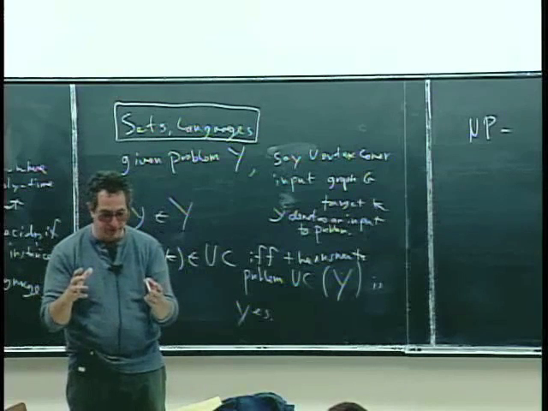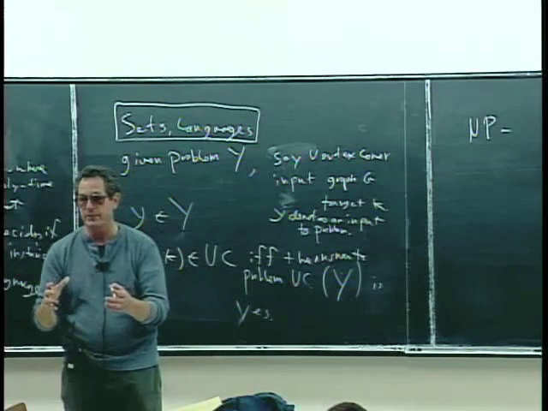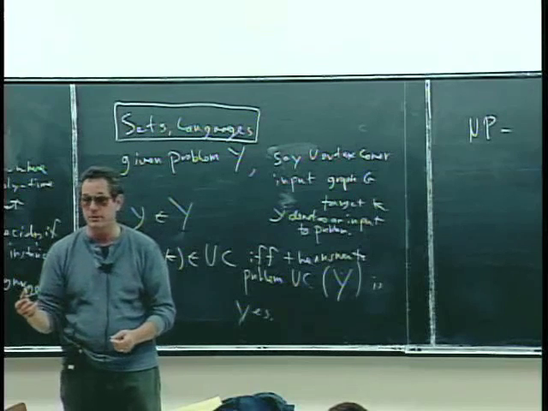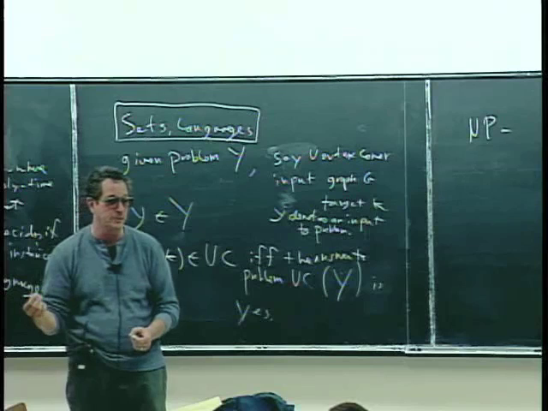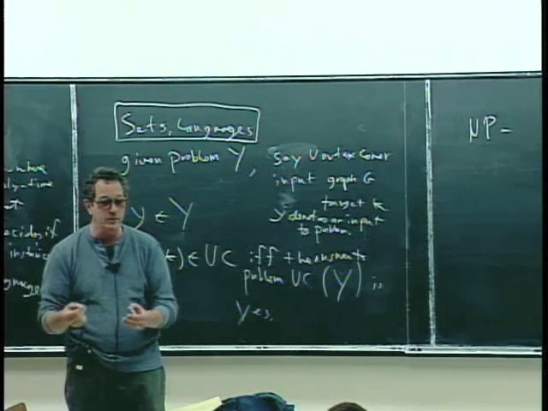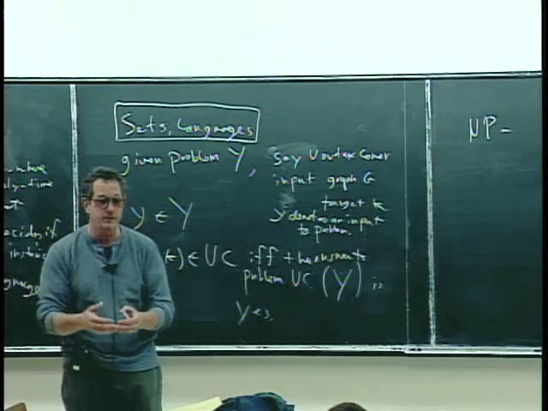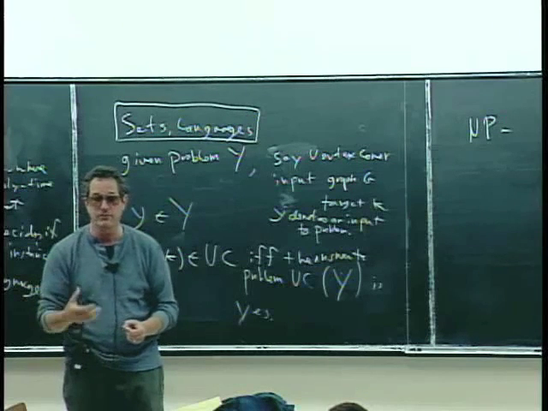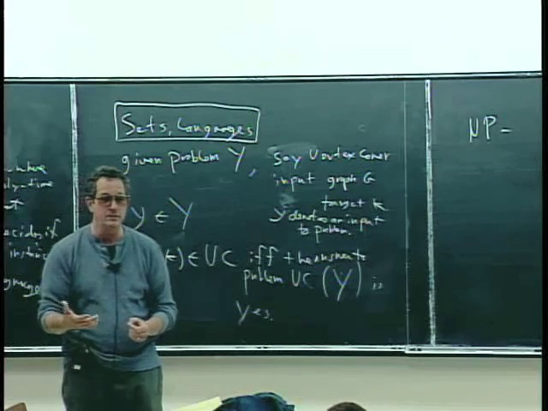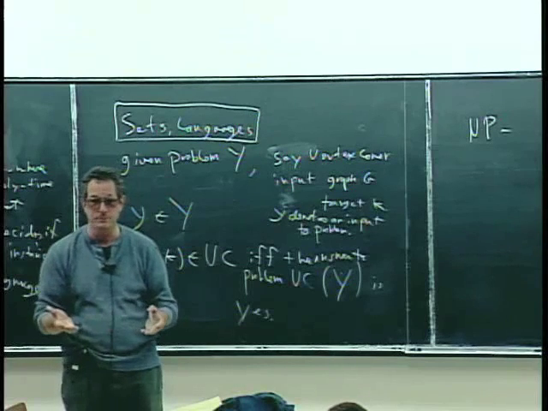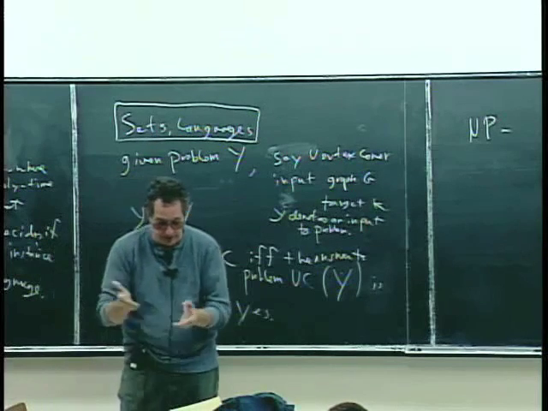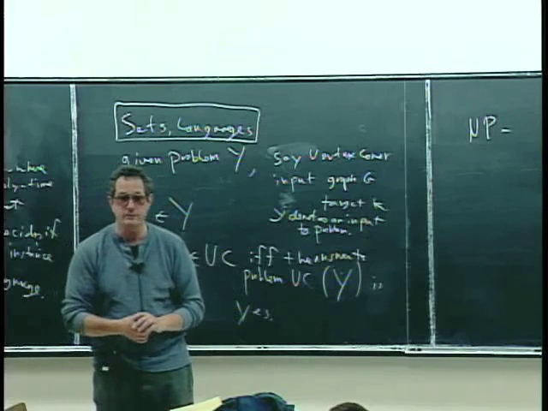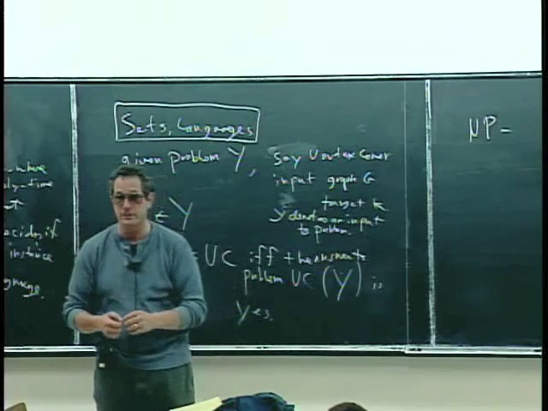If the instance of the problem, vertex cover problem, is a graph and a target, and you have a proposed solution which is some subset of vertices, some set of nodes, an algorithm can certainly look at those nodes, look at the graph, look at the target, and figure out whether that subset of nodes is in fact a vertex cover and is its size within the target range. Okay? And that kind of checking is a very simple polynomial time algorithm. So vertex cover, under that informal definition, is in NP.